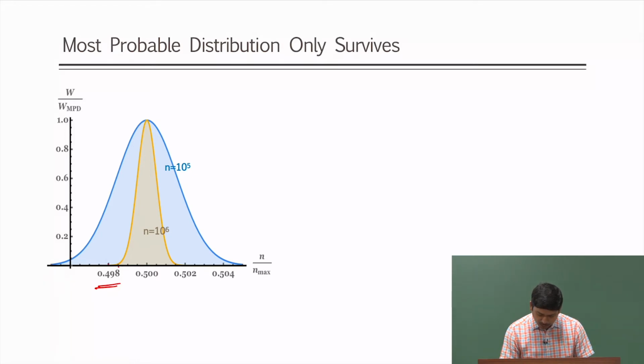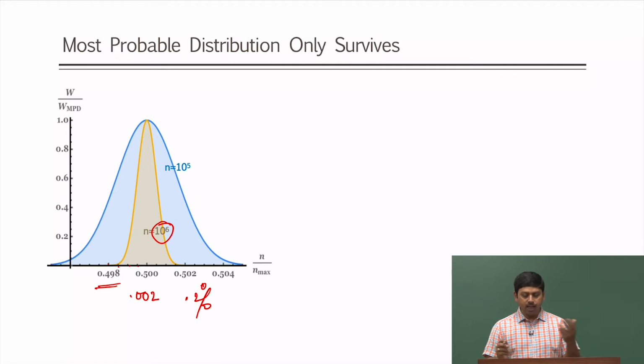So, it is going 0.002. I have just plotted 0.49 onwards, and you see when the particle number is 1 million, the deviation is within 0.002 when it is falling. So, 0.002 is nothing but 0.2%, within 0.2% deviation it is falling off.